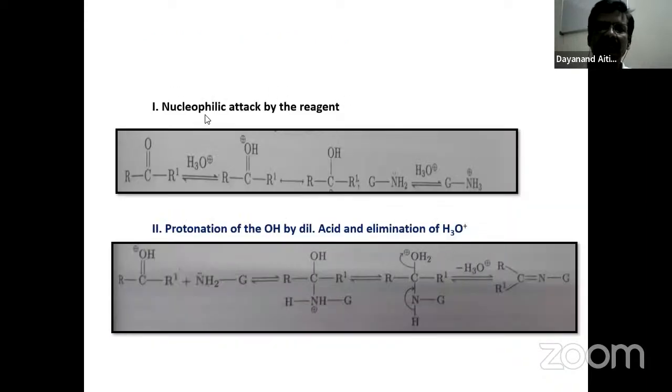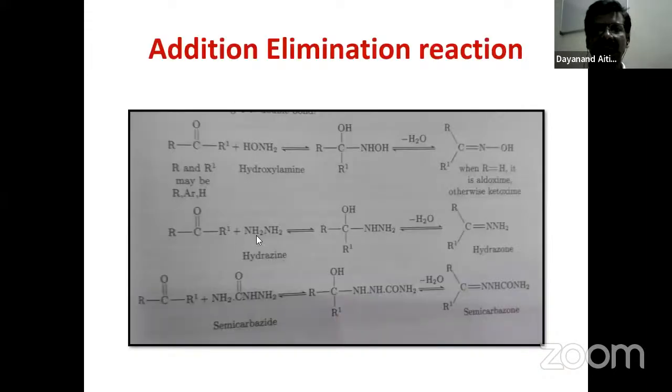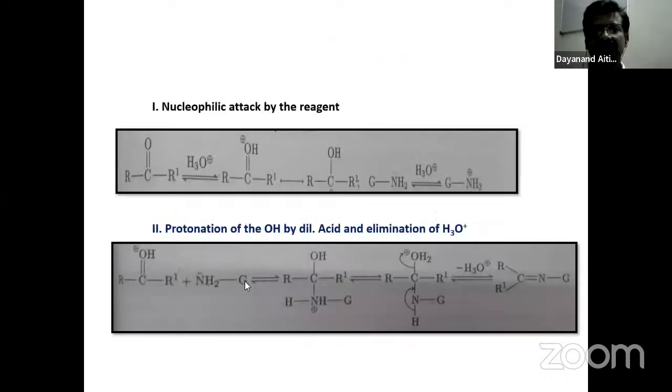If you see the mechanism, the nucleophile attacks, OH plus is formed, and protonation takes place on NH2. This is the derivative of ammonia. All this we are seeing is nothing but derivatives of ammonia only. The remaining part is very simple.